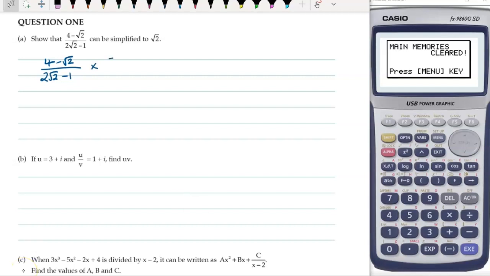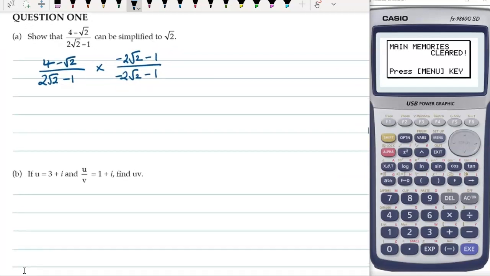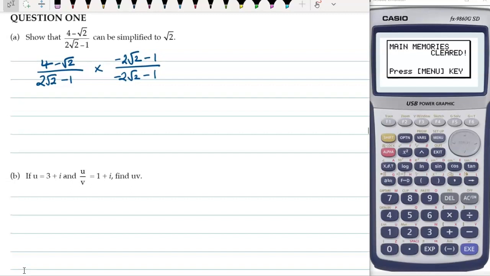That's how I go about these things. The bit that we're trying to get rid of is the third on the bottom, so make that bit a negative, like this. It's similar to what we do when we've got complex numbers on the bottom.